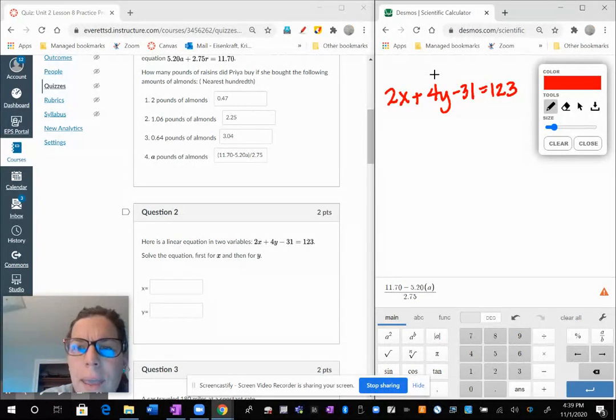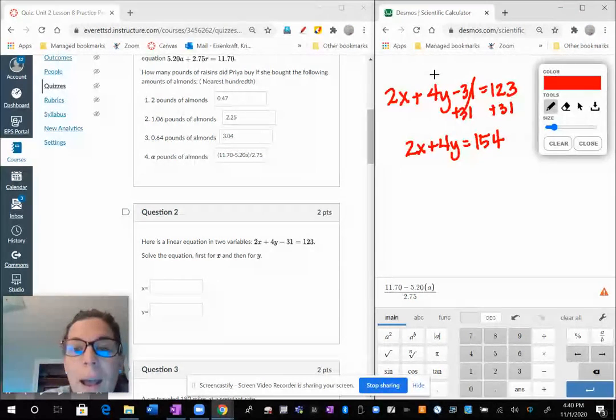I know if I add 31 to both sides, that will kind of clean things up because the 31 is a nice plain number that can get combined with the 123. 2x plus 4y equals 154. Okay, now I want to still get x alone. So I need to get rid of all of this.